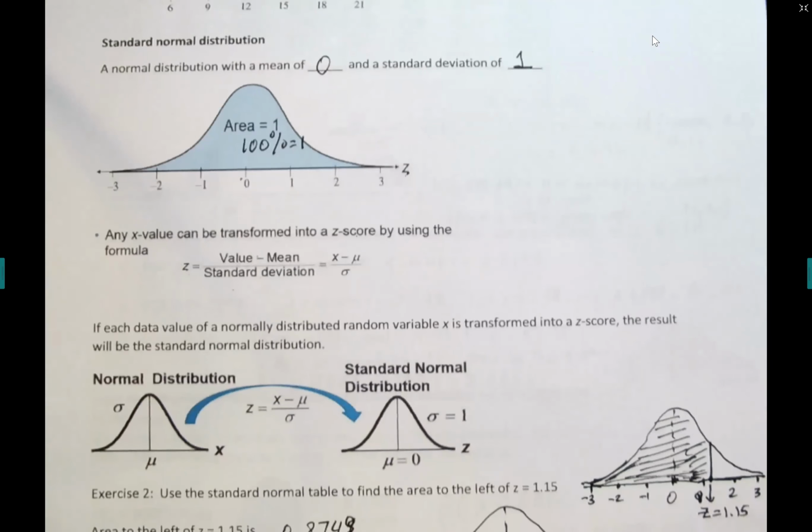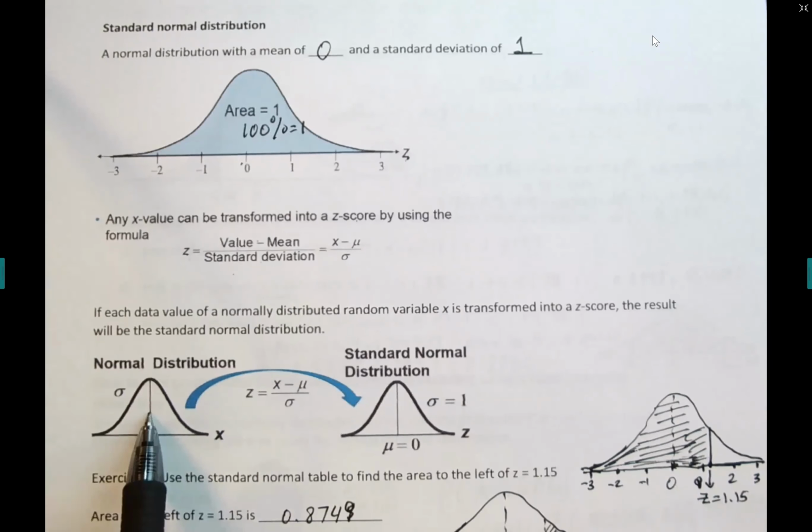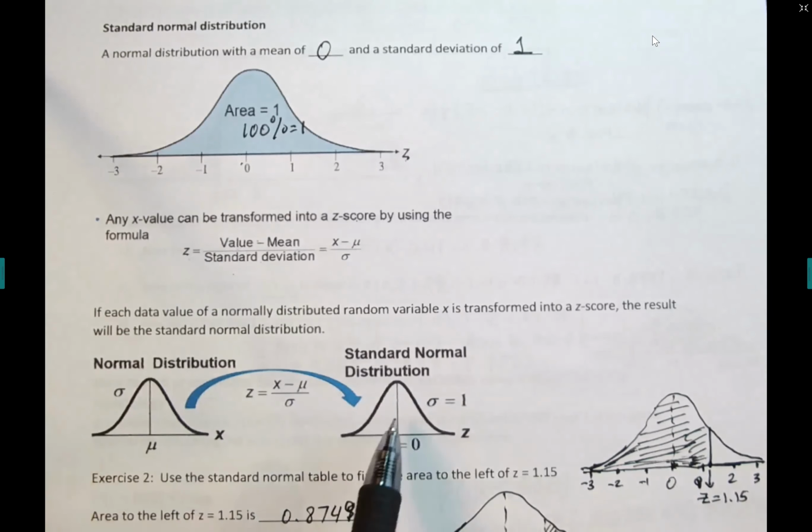Okay, so this is the normal curve, guys, another visual, and this is the standard normal curve. You can see the label here is X, and the label there, guys, is Z.